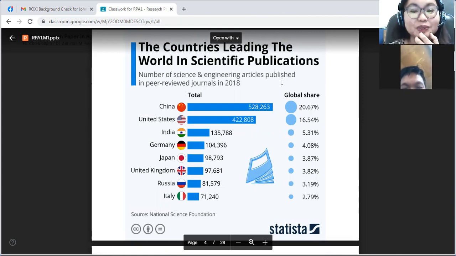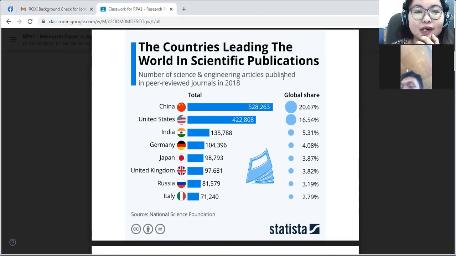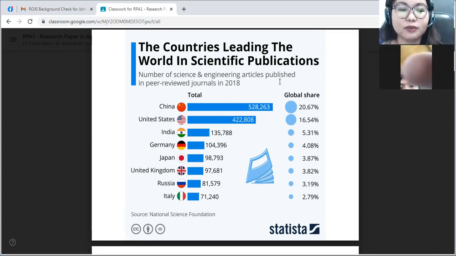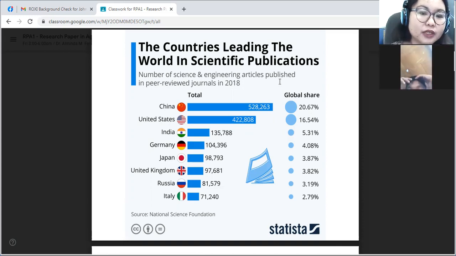So that's true, because most of our technologies are based on knowledge and on scientific research. According to the National Science Foundation, scientific publications are actually our gauge in the development of a specific country.